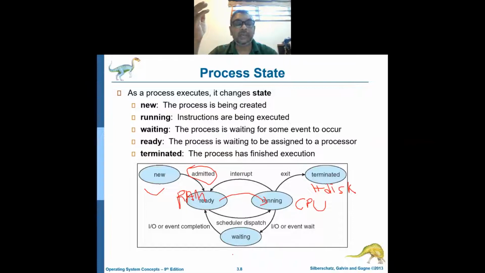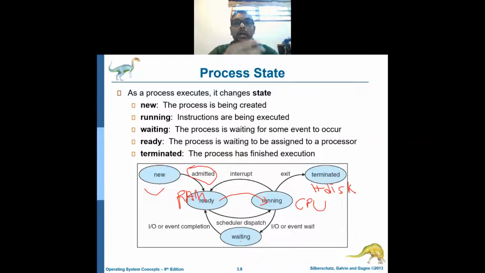The process inside the waiting state is inside the RAM. Once you put in the paper, or the input output comes back on, the process goes back to ready and then back into run.